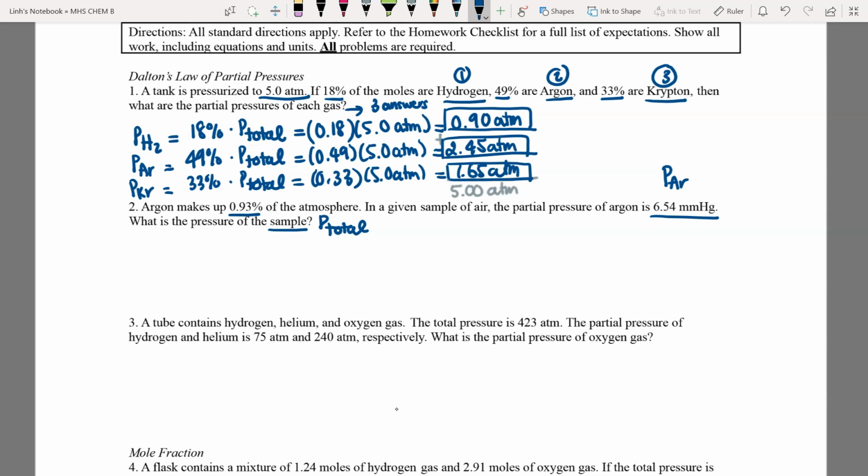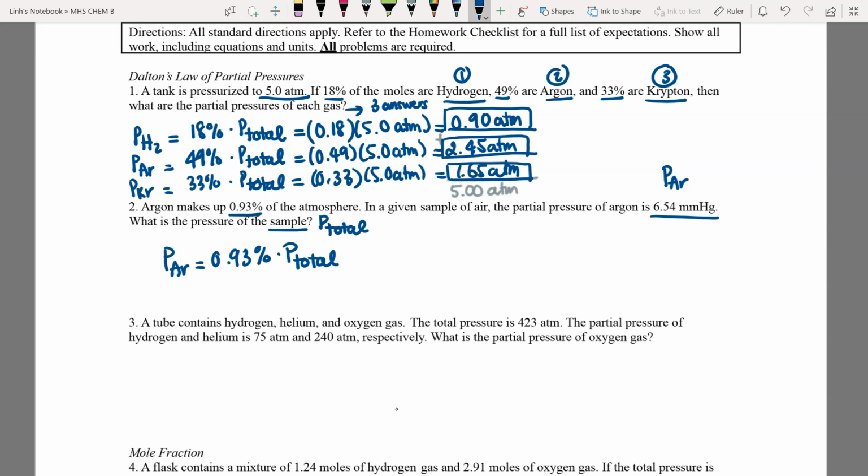Now I want to set up my equation to reflect what they've given me. Here I know the argon makes up 0.93% of the total sample. So the partial pressure of argon is 0.93% of the total sample, which is the total pressure, because remember that partial pressure only depends on moles, and argon makes up 0.93% of the moles of the atmosphere.